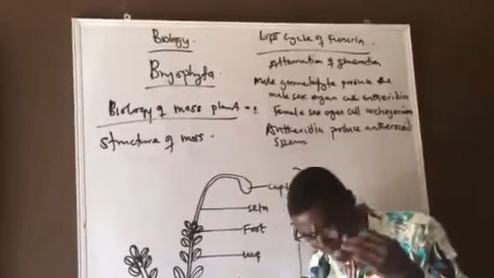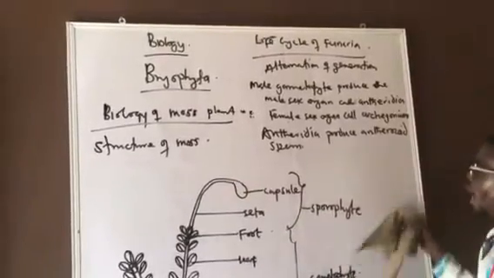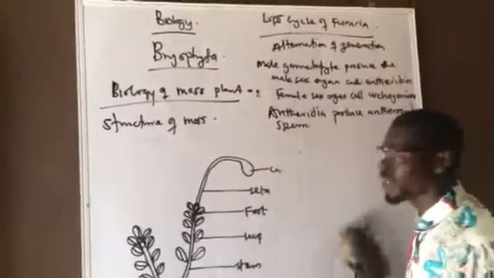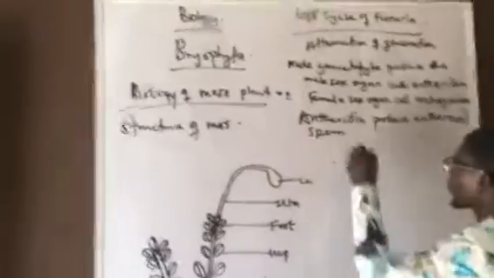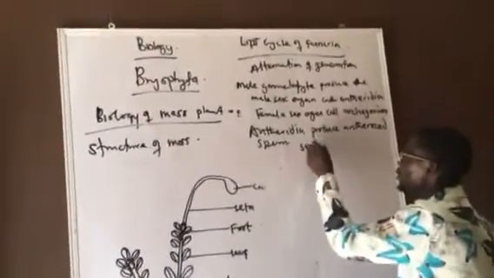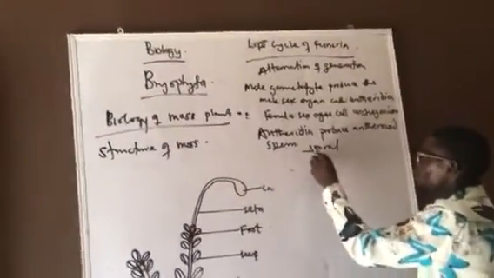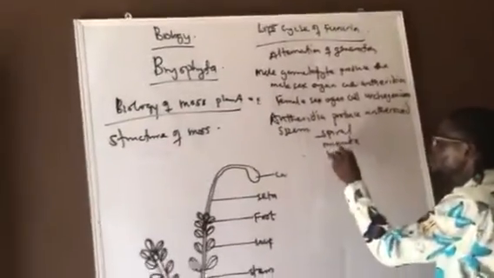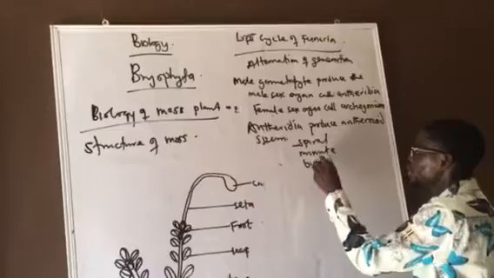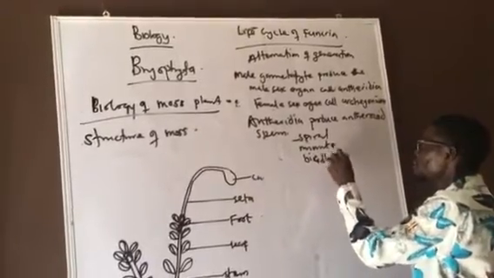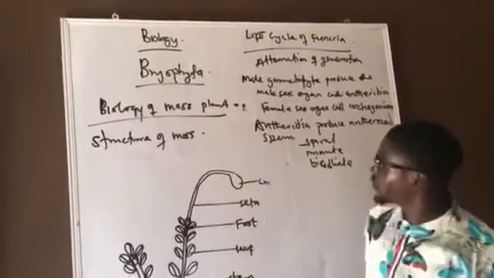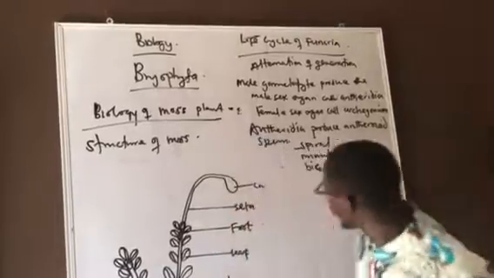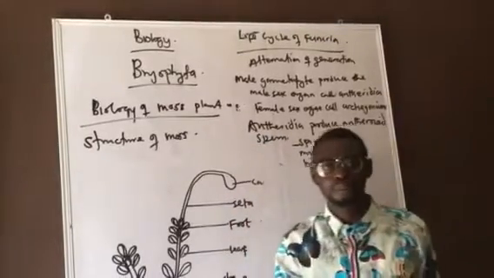And this antherozoid has some characteristics. The antherozoid are usually small and minute, they are biflagellate and spiral, that means they can move. These are the characteristics of the antherozoid, which is the sperm.